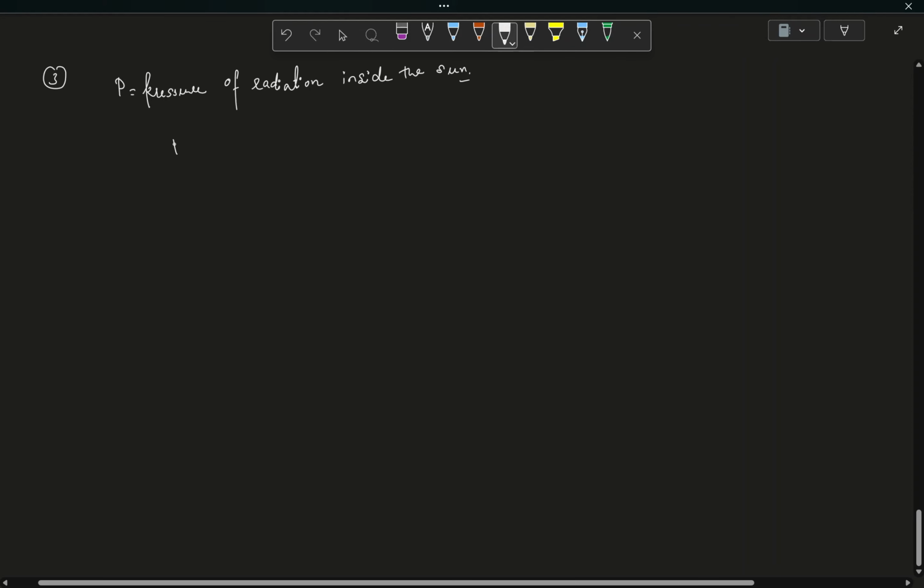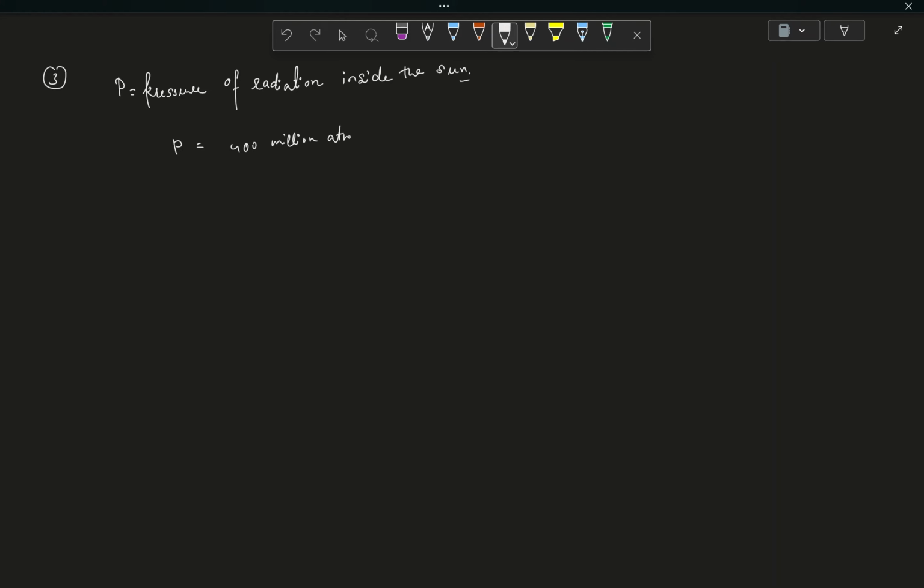So 400 million, this we have to take into SI units. Atmosphere is not an SI unit, because otherwise the mathematical formula will not be in the same units. So that is why we convert into Newton per meter square, which is the SI unit of pressure. But first of all, 1 million is 10 to the power 6.